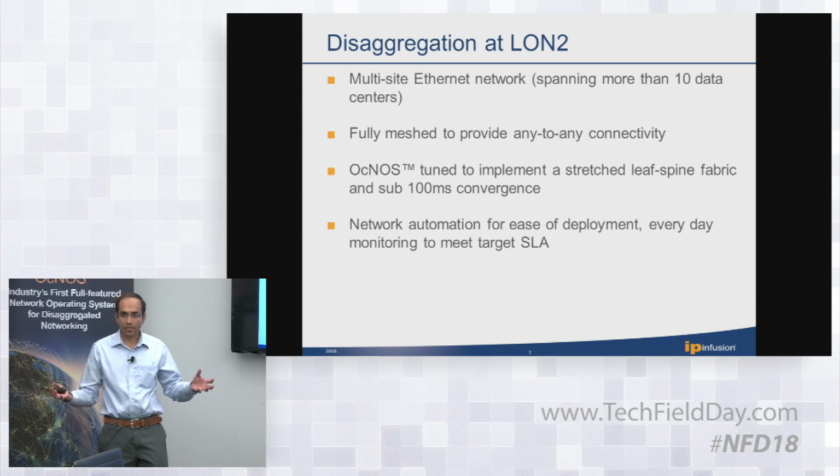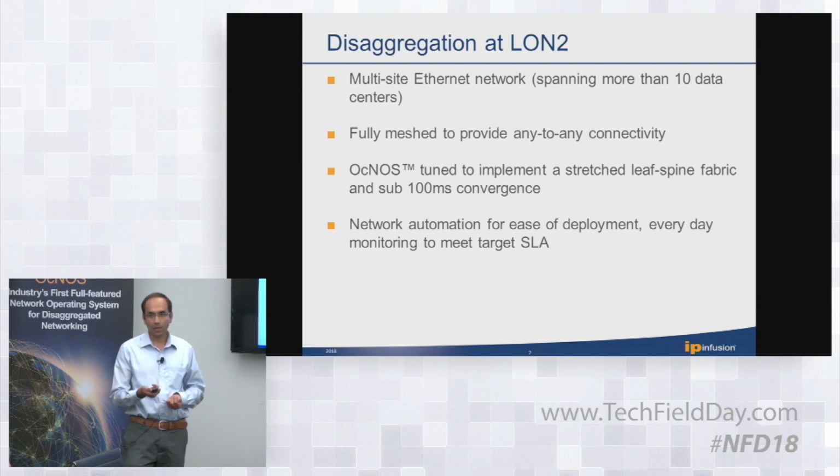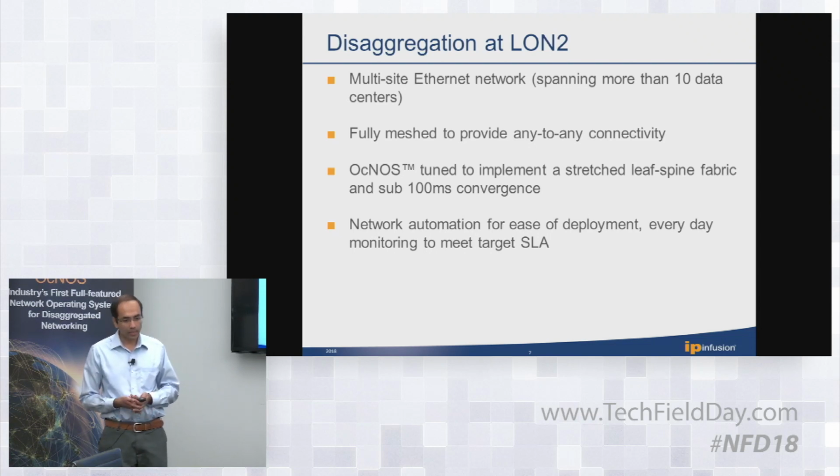So it's a huge layer 2 fabric spread across 10 data centers, fully meshed any-to-any connectivity, and essentially, as you will see, it's an extension of a leaf-spine data center fabric, and we have added some tweaks to have fast convergence and implemented special protocols for LINX to make this possible.